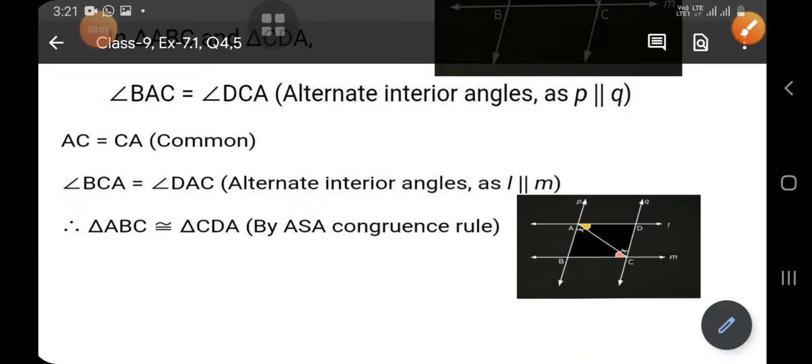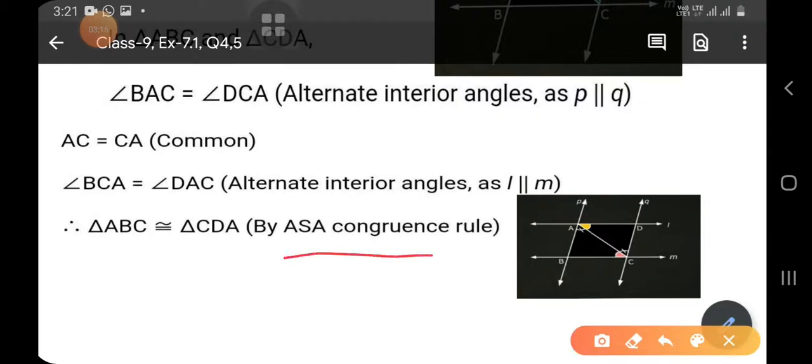So we got two angles as equal and one side is equal, that is included between the angles. So we can say that by the criteria angle side angle congruency, triangle ABC is congruent to triangle CDA.